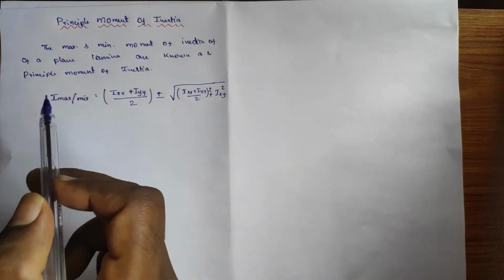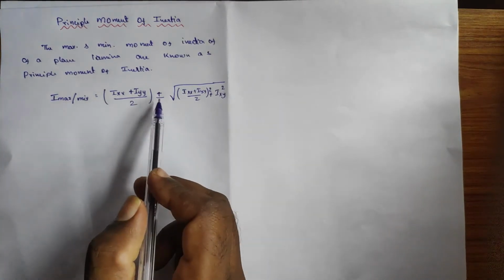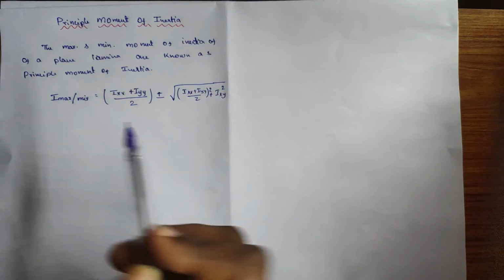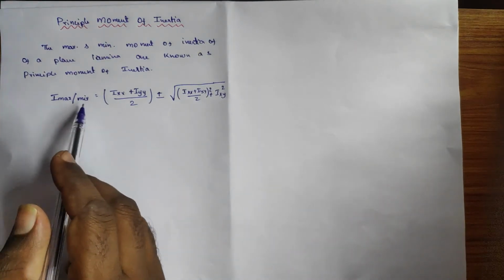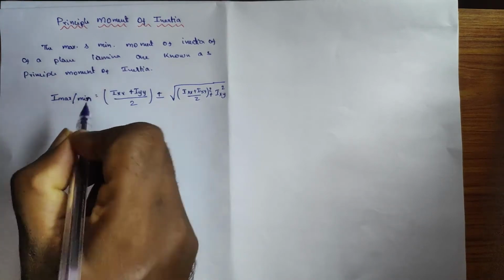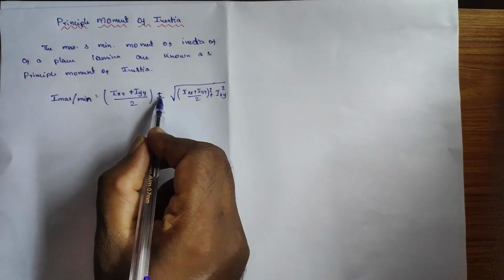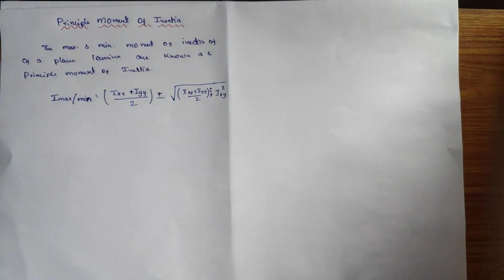If you need the maximum moment of inertia, you add it. If you need the minimum moment of inertia, you subtract it. That's why I have given plus or minus. Any material has a maximum and minimum moment of inertia, based upon its position or orientation.